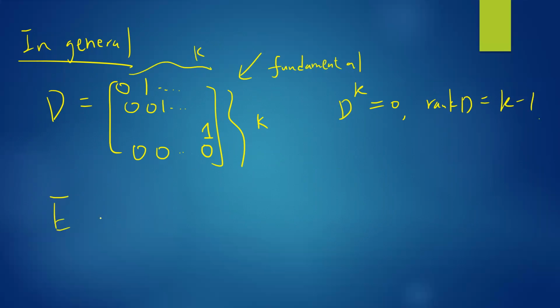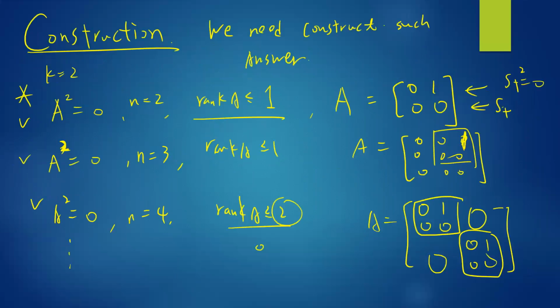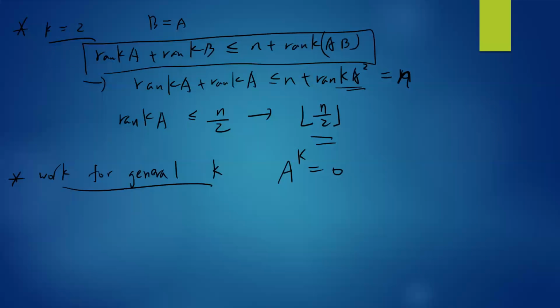You can define E matrices, which are the same with 1s above the diagonal, but with size N mod K. And for A to the K equals 0, the maximum solution will be the block matrix D, D, D, D, D, D, D, E. You can check A to the K is 0 because each small block is 0, and E is just the remainder. So this is the solution for this problem.